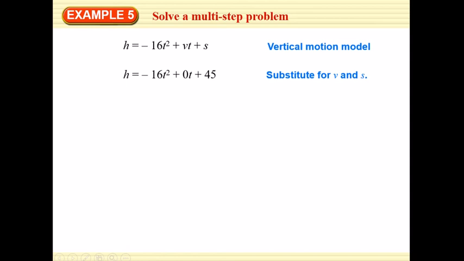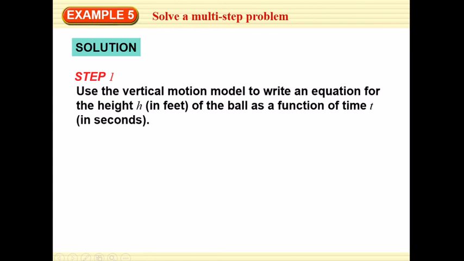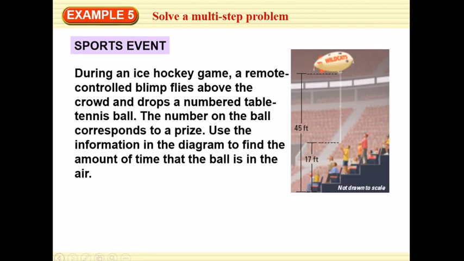So, the ball is being dropped, which means that the velocity, or the speed that it's initially projected at, is 0. And to figure out where the 45 comes from, I would go ahead and look back at the problem. I would get that 45 from the height of the blimp here in the picture.